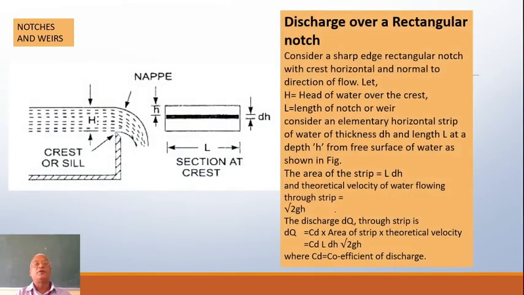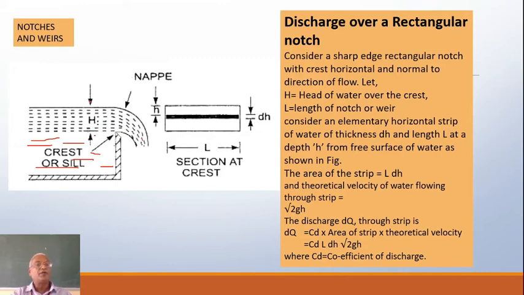Okay, now how to calculate the discharge? Here in the figure I have drawn a rectangular notch. The length of the notch is shown as L, you can just see here, and then the head over the crest, this is crest or sill, head over the crest is H. Of course there will be water everywhere here, but when it comes out as a sheet, as a nappe, right?